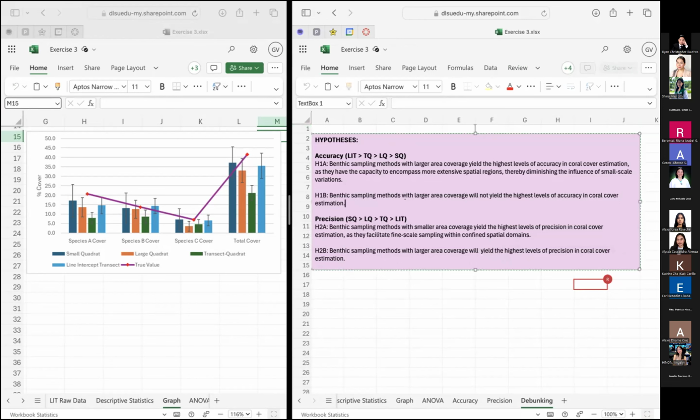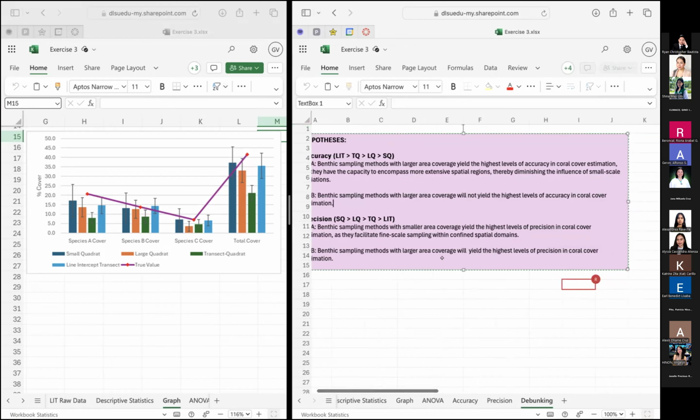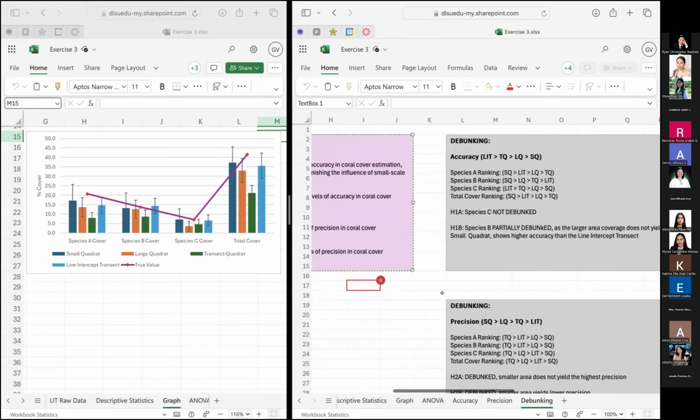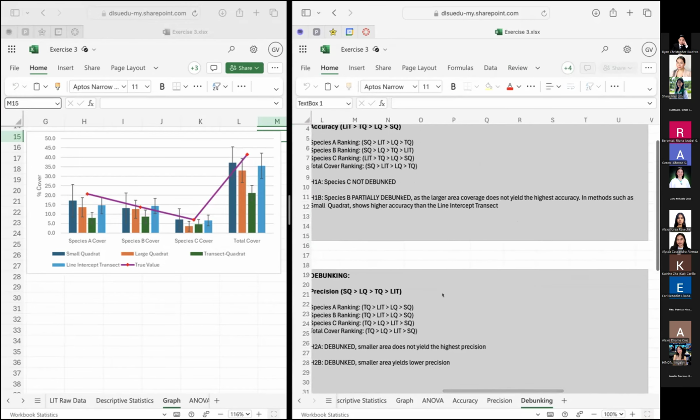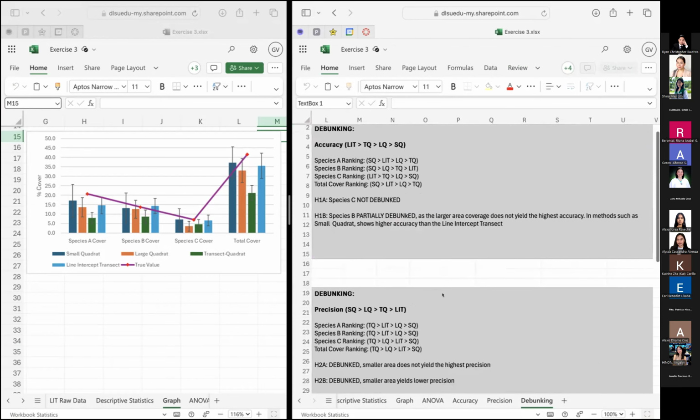Okay, but that's okay. And then you have your ranking. Okay. Anything else you'd like to add apart from the text shown on screen?